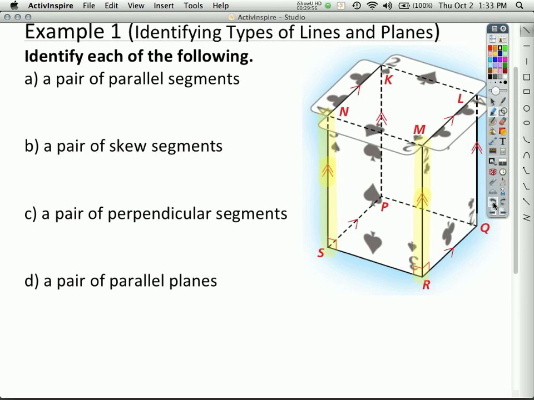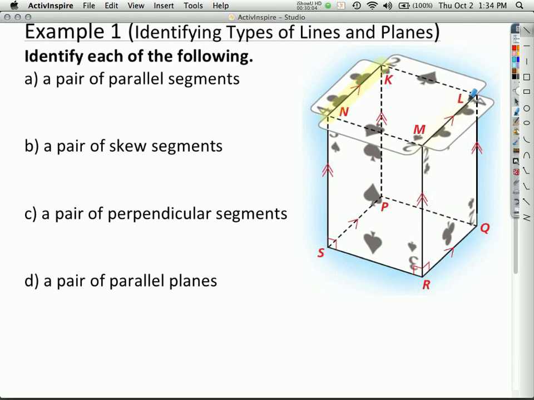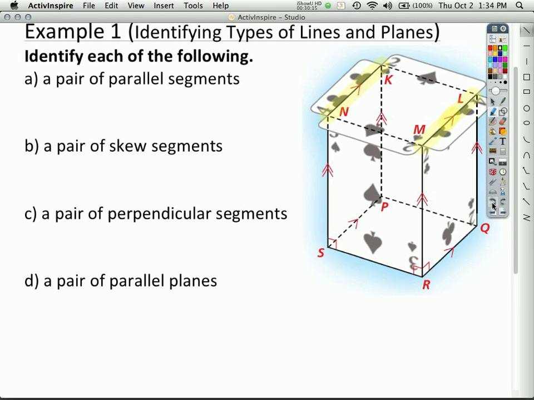Stephanie? Segment NK and segment ML. Parallel segments clearly labeled right there. Any others? No others? Can't find anything? Sebastian?